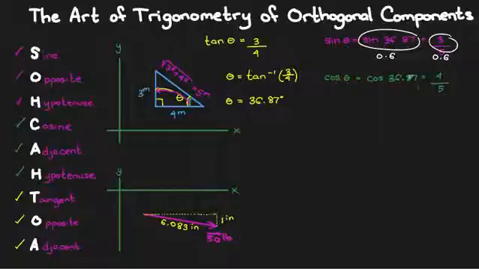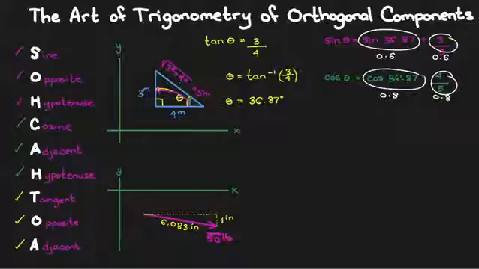So therefore, am I again saying that cosine 36.87 degrees is numerically equal to 4/5? That's correct. If you plug in cosine 36.87 degrees, that's equal to 0.8. And indeed, 4/5 is also equal to 0.8. So they are indeed equal to each other.